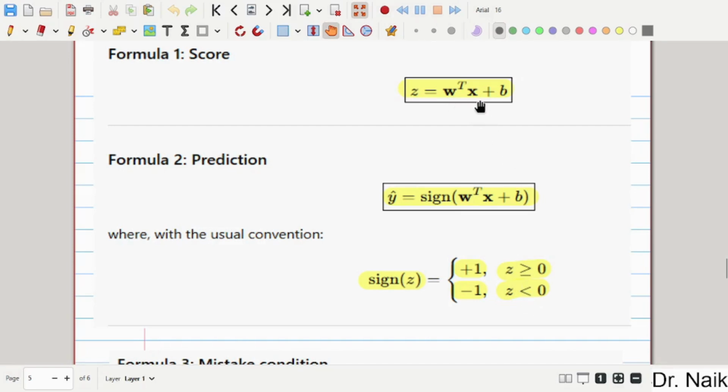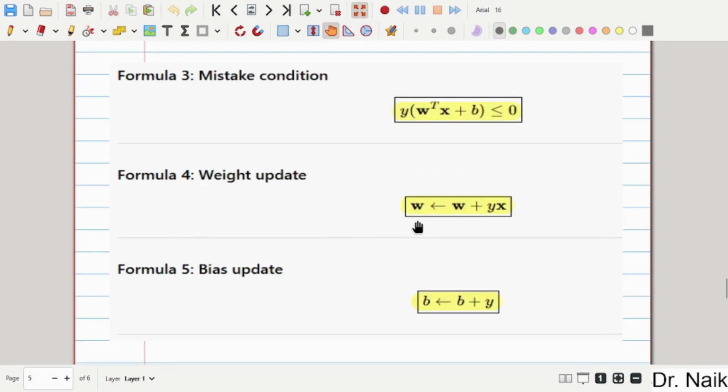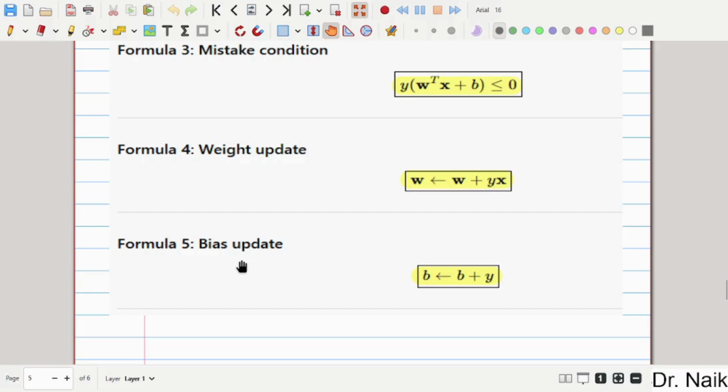If W transpose X plus B is 0 or greater, we will predict the class as plus 1, and if it is less than 0, we will predict the class as minus 1. The mistake condition is Y times W transpose X plus B less than or equal to 0, and we will update the weight by the formula W new is equal to W old plus Y times X, as well as the bias by the formula B new is equal to B old plus Y.